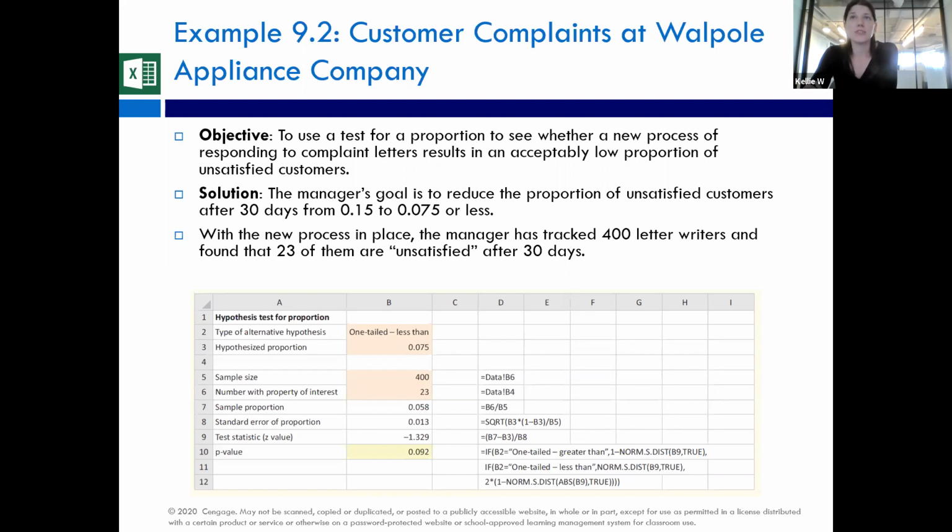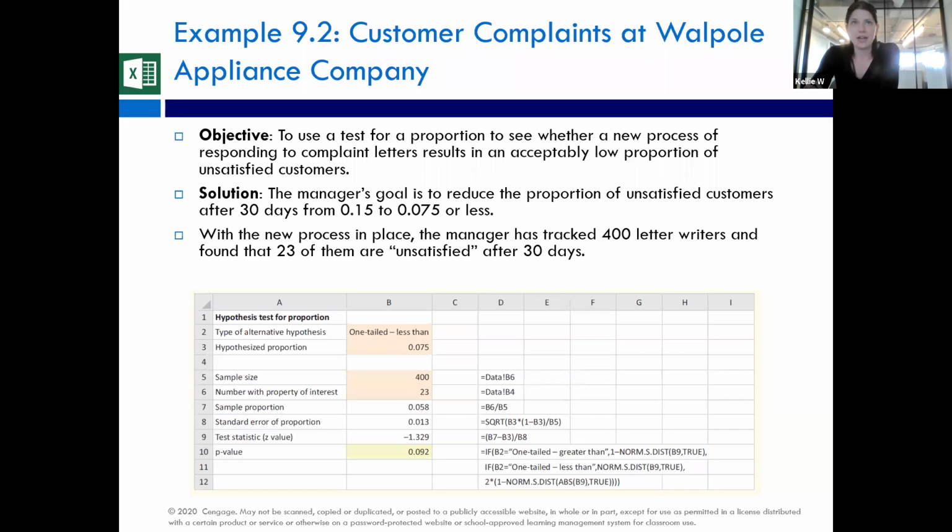Right off the bat, yes, that is less than 0.075, but is that a statistically significant result? So in other words, if we calculated the confidence intervals around the sample proportion, would 0.075 be included in that interval? And we'll actually calculate that later, but for now we just want to see if our p-value even holds up.